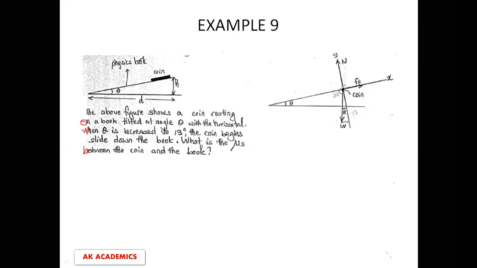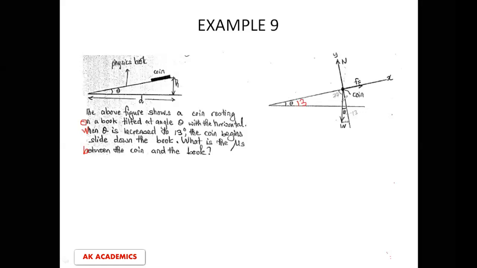This weight forms a perpendicular line across the triangle we are creating on this XY plane. Our theta here is 13 degrees, and this angle is 90 degrees. So what is this angle here?